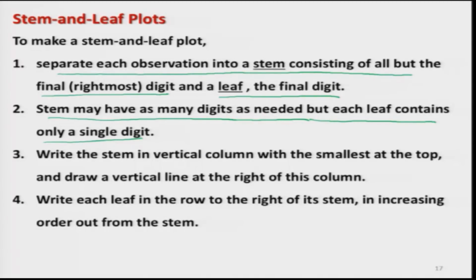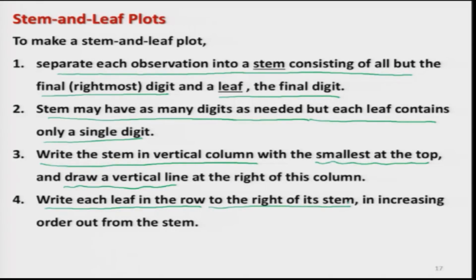Then we write the values of the stem in a vertical column such that the smallest value is on top, and we draw a vertical line. After this, we write the value of the leaf in each row to the right of the stem, again in increasing order.